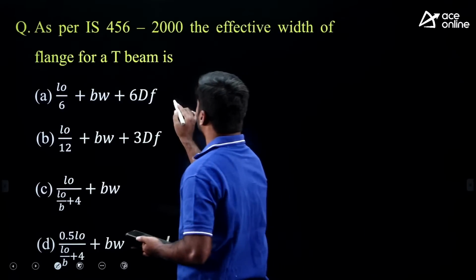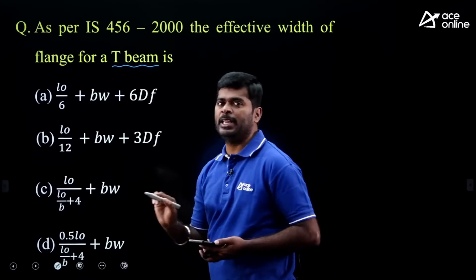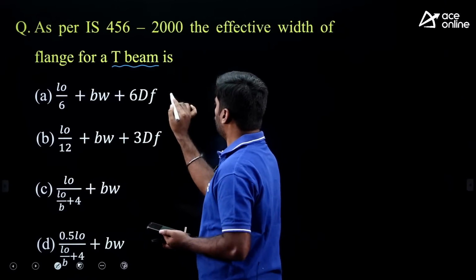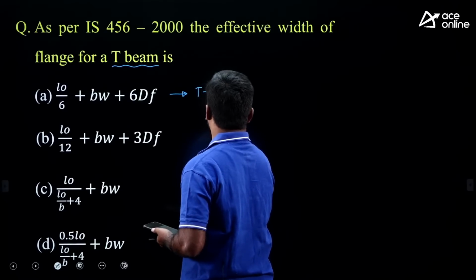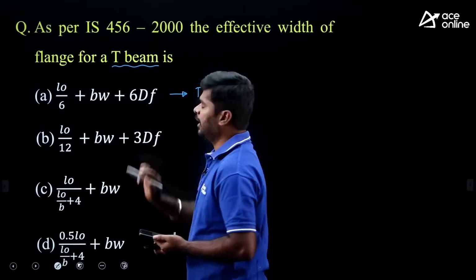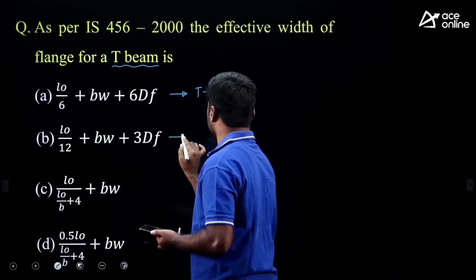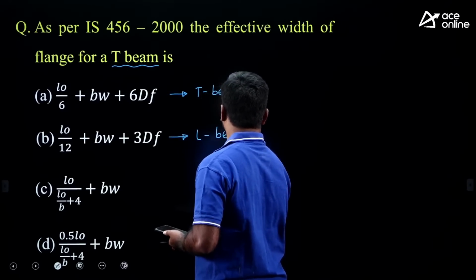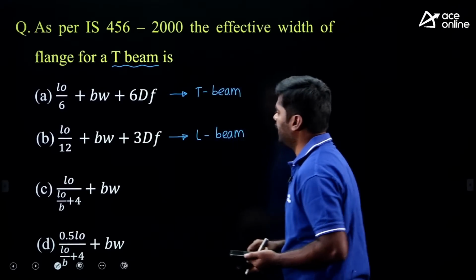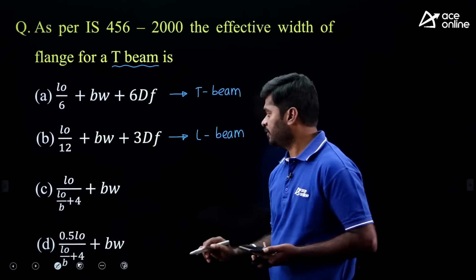See here, they haven't mentioned that it is an isolated T-beam. Simply it is given as a T-beam, right? For a T-beam, the effective width of flange formula recommended by the IS code is L0/6 + bw + 6Df. For L-beams, the effective width of flange formula recommended by the IS code is L0/12 + bw + 3Df.